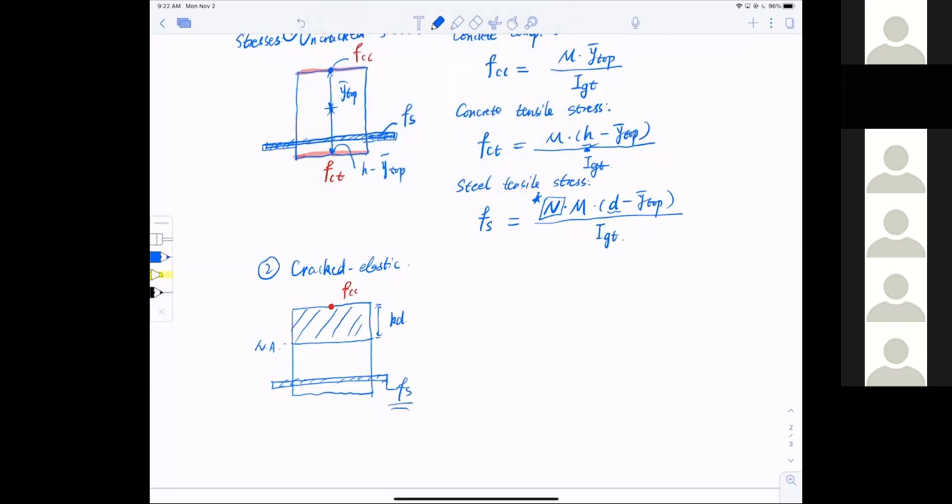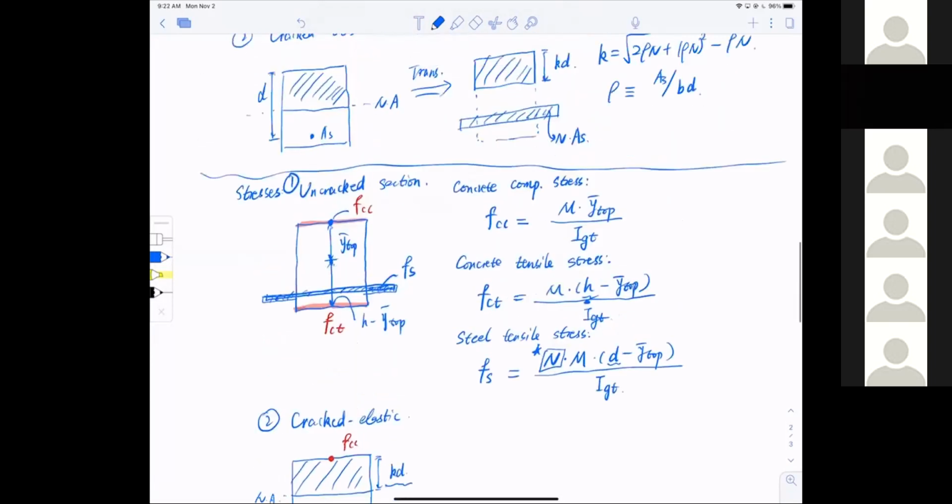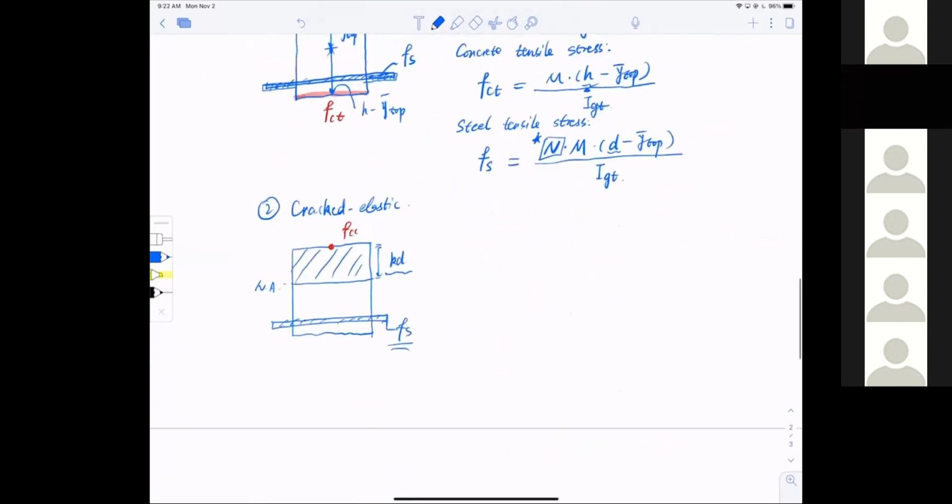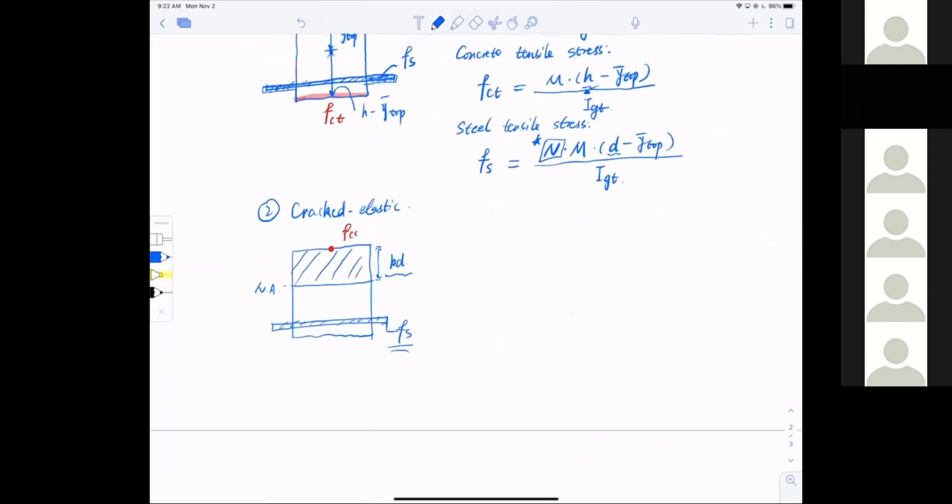Now the equation is a little bit tricky. Considering this is KD, you have to calculate that to find the neutral axis. We already had an equation for it, so you don't use the regular equation.